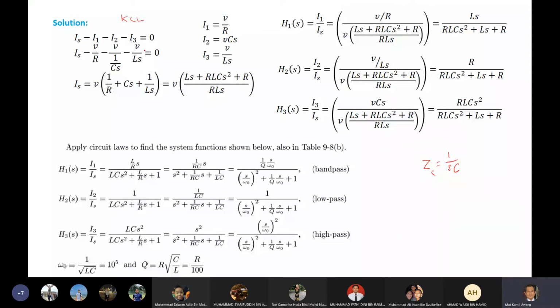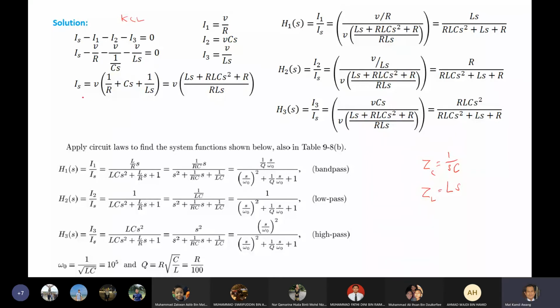I3, what is I3? I3 is the current through the inductor. How do you get the current? Basically the voltage divided by the impedance of the inductor. What is the impedance of the inductor? It is LS. So the current is V over LS. You substitute I1, I2, I3 in terms of the voltage.